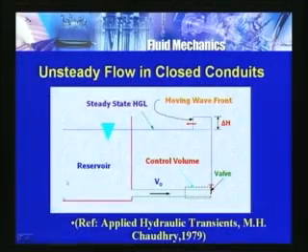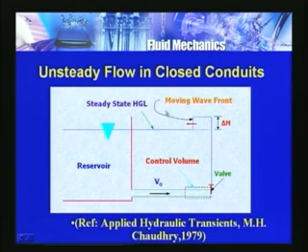So, we will now come back to unsteady flow in closed conduits or pipelines. As we discussed, consider a simple system like this: there is a reservoir, and a pipe or conduit is connected to the reservoir. To develop the theories for such a simplified system, we assume there is a valve, and due to sudden shutdown of the valve, we look at what happens with respect to the water hammer or hydraulic transients.